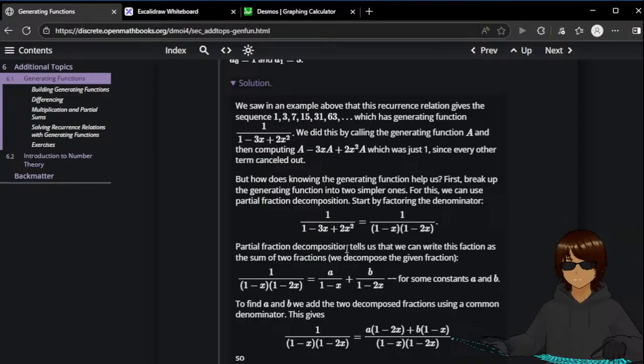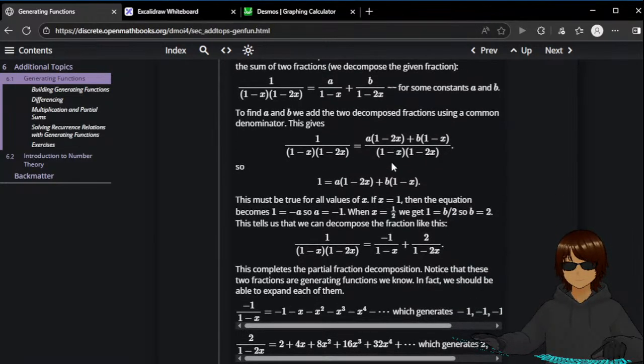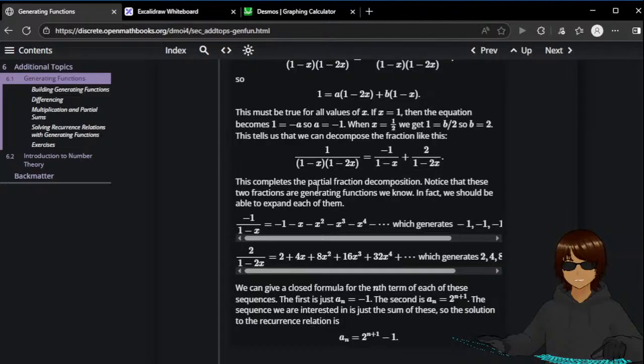Partial fraction decomposition tells us that we can write this fraction as a sum of two fractions, this plus this, for some constants A and B. To find A and B, we add the two decomposed fractions using a common denominator. This completes the partial fraction decomposition.